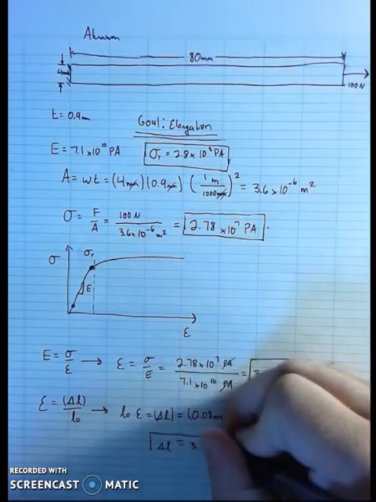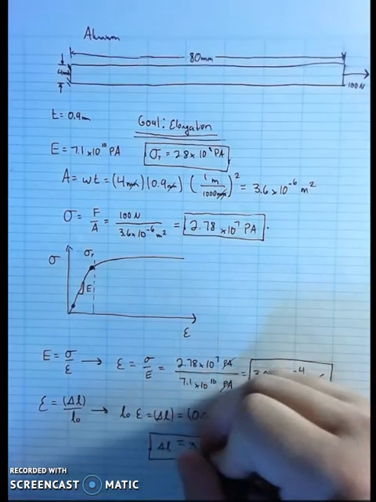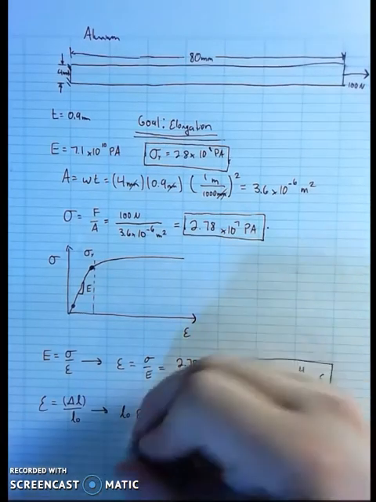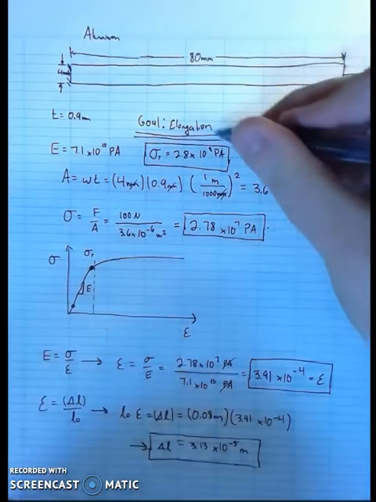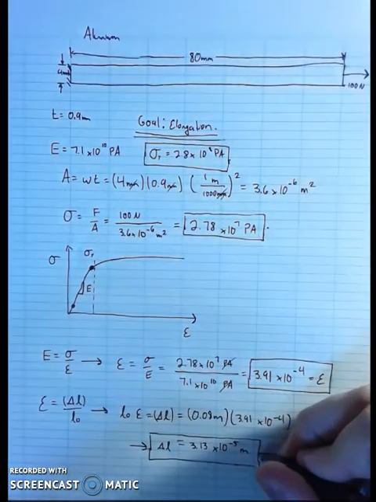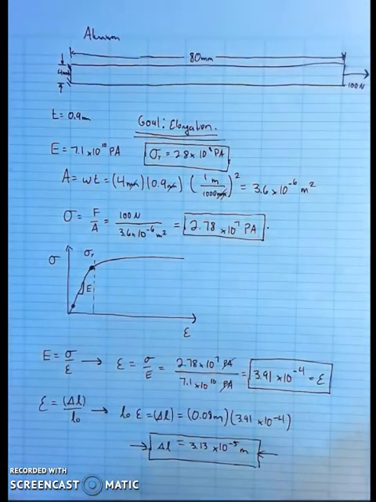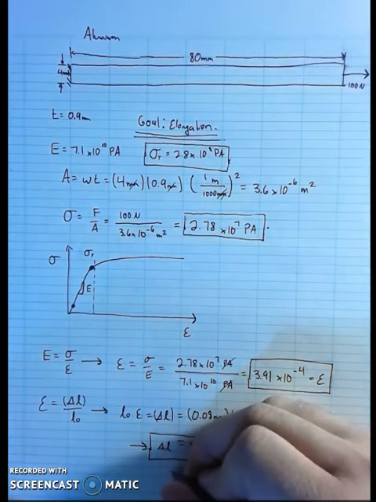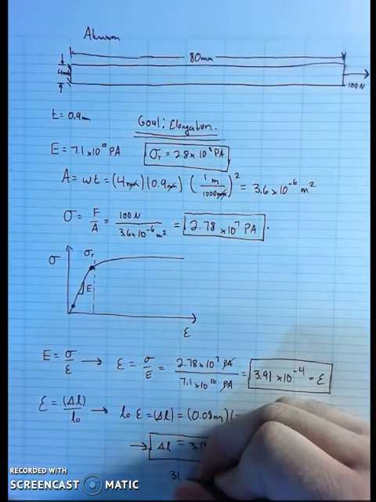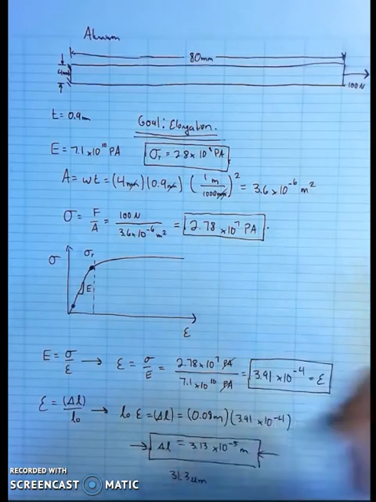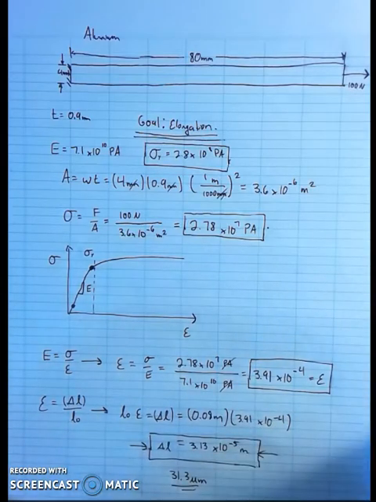So let's put that in a box, because that is the actual goal. That is the result that I was looking for. Remember, the goal was elongation, and here is the value. This happens to correspond to about 31.3 micrometers, so that just gives you a sense of how small this elongation actually is.